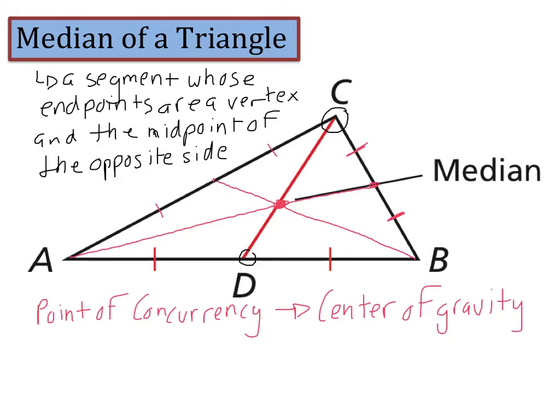So medians are segments whose endpoints are a vertex and the midpoint of the opposite side, and they are concurrent, and their point of concurrency is called the center of gravity. Another name for the point of concurrency is the centroid.